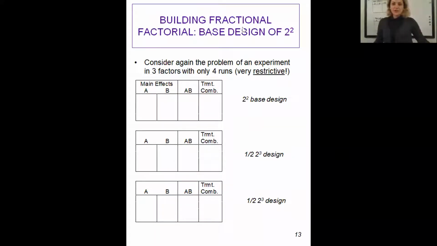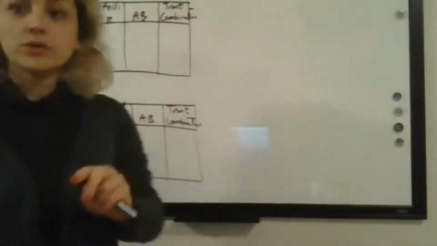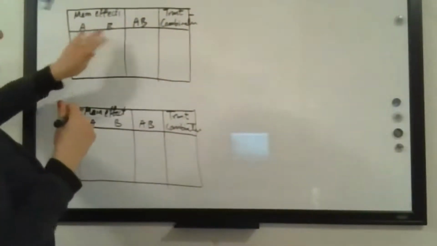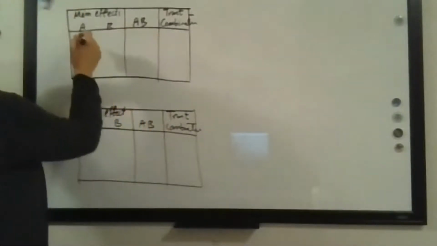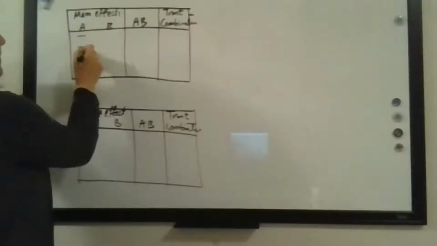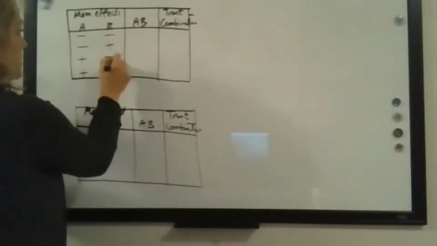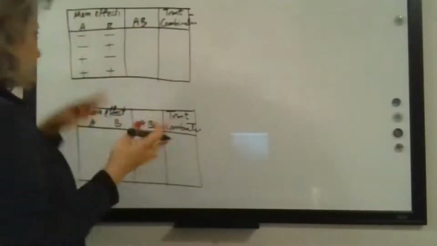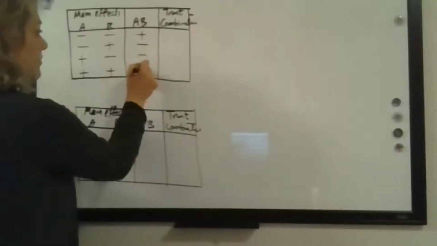Okay. So I have the main effects of A, B, and then their interaction. The way that I'm going to do it is, this one is negative, negative, positive, positive, and then negative, positive, negative, positive. And then I would have their interaction, the multiplication, which is going to be positive, negative, negative, positive, right?